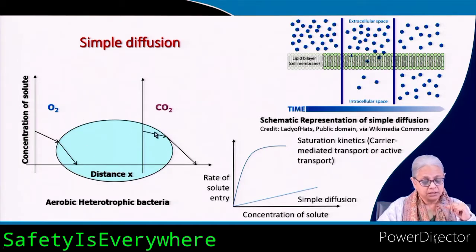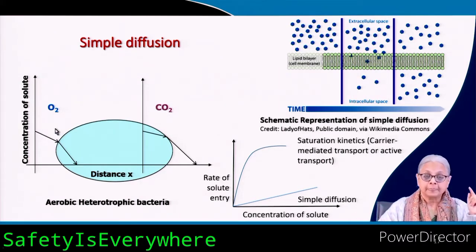So let us see how simple diffusion would work. We know that hydrophilic molecules, charged molecules, have no chance of getting in and out even by diffusion. It's not possible. For simple diffusion to happen, we know that gases like oxygen and CO2 are capable of diffusing in and out of the membrane without the organism spending any energy in doing this.